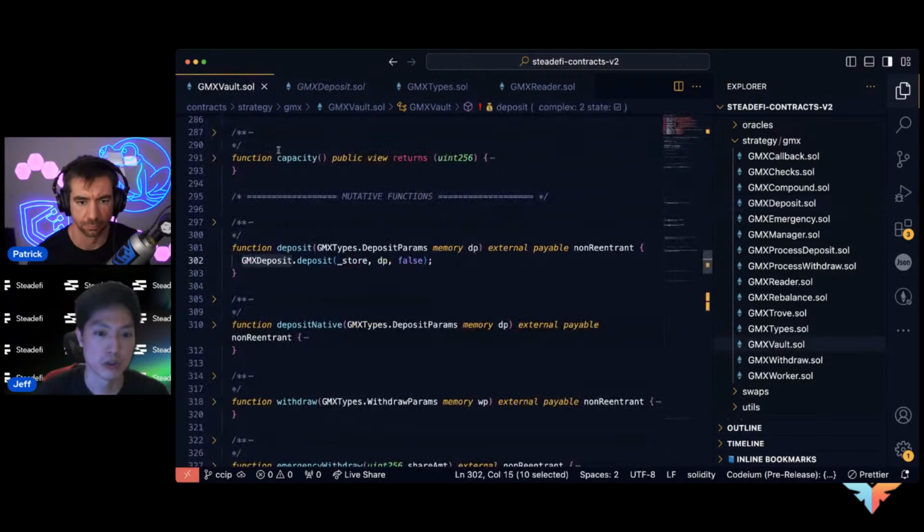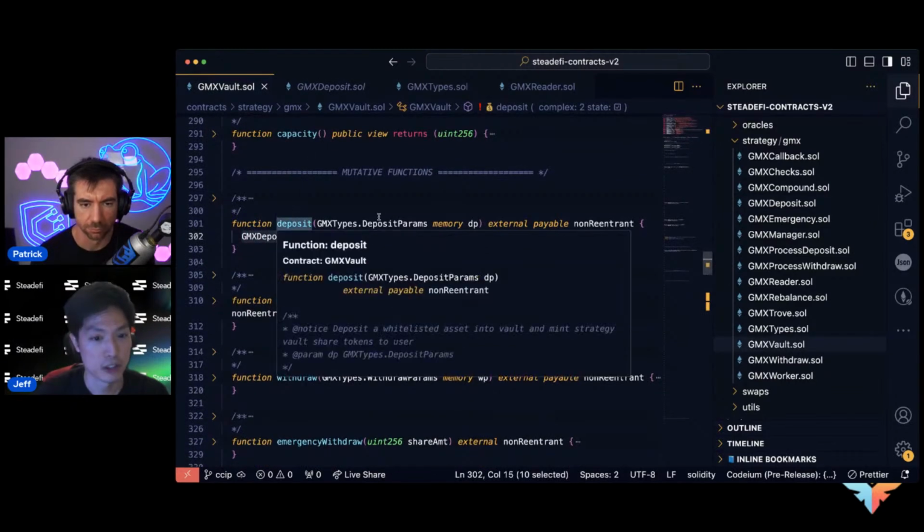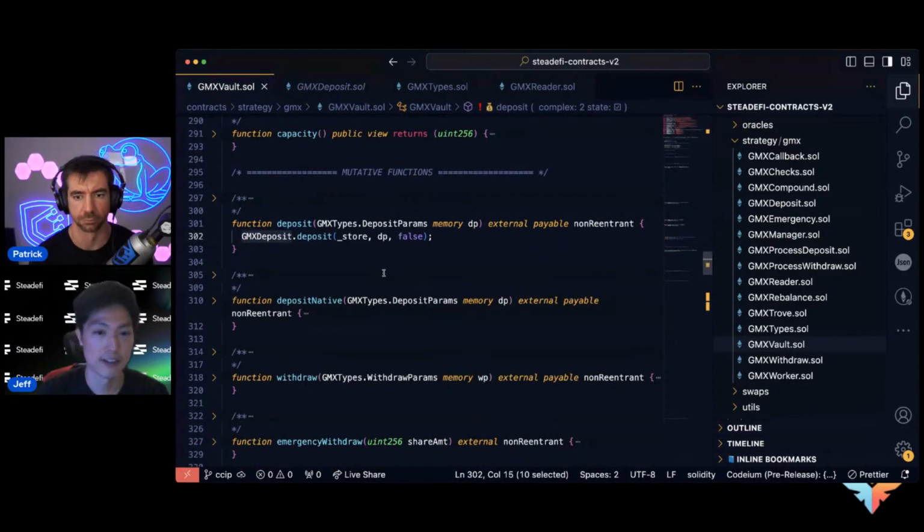If I go back to deposit, we have two functions here, deposit and deposit native. Very simply, our strategy vault could accept native ETH or native AVAX, depending on which blockchain. To handle that correctly, we have two different functions: deposit, which is for a non-native asset, mostly an ERC20 asset, or deposit native.